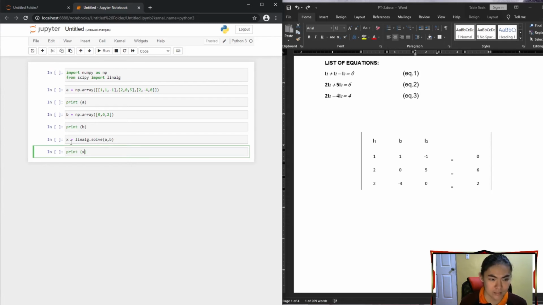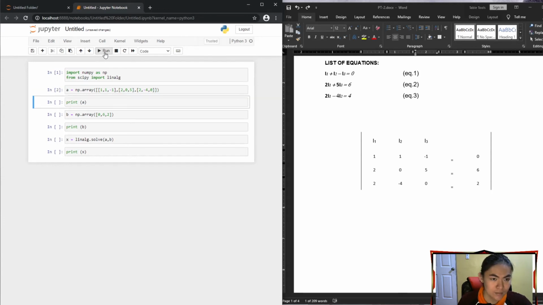Since ang X hanapin natin para makuha natin yung sagot sa ating mga currents. So, now, ang next na gagawin natin is to run yung ating code. Okay. So, dapat start tayo dito sa task. I-click natin itong first cell natin. Then, run.